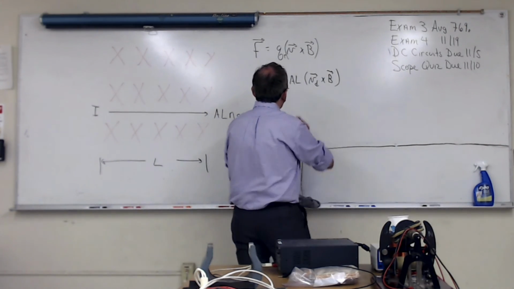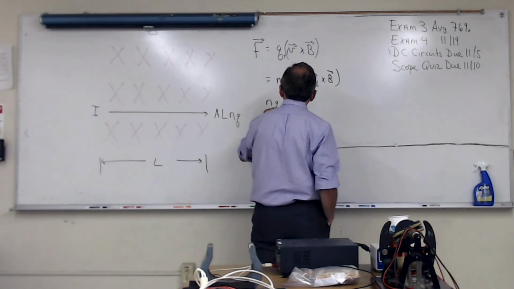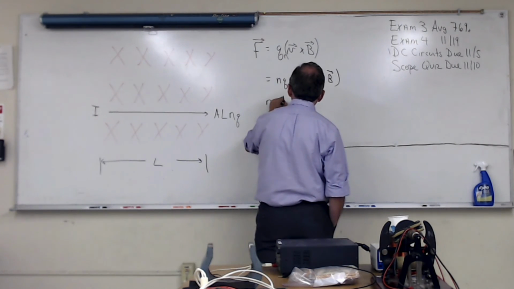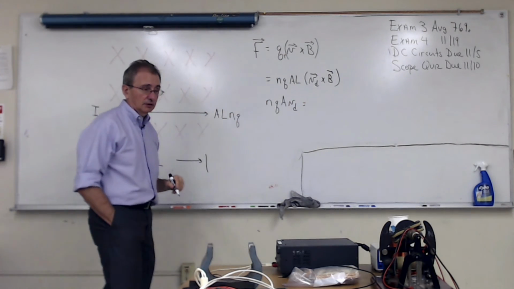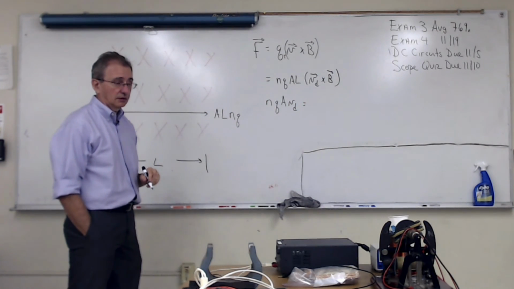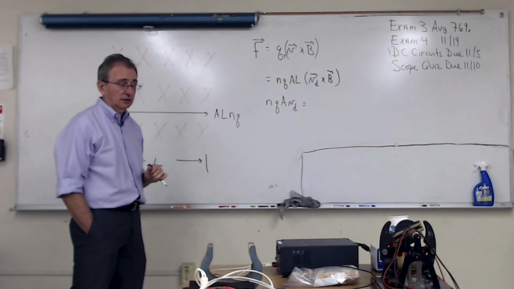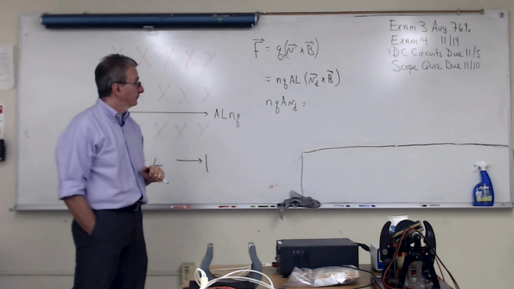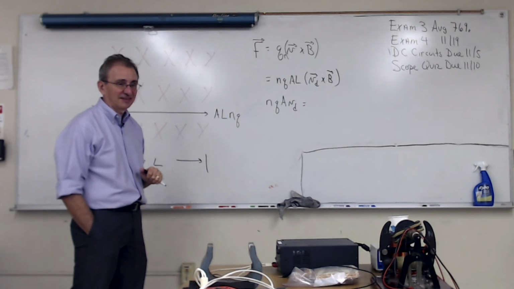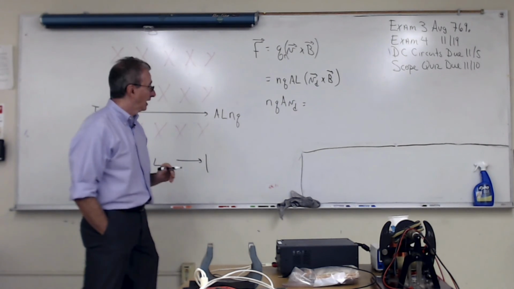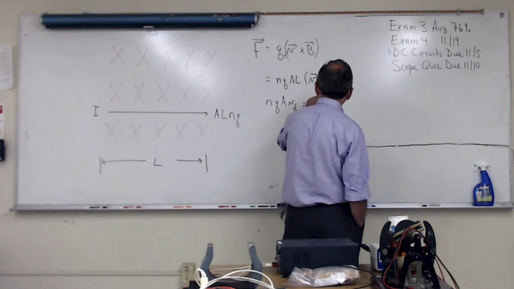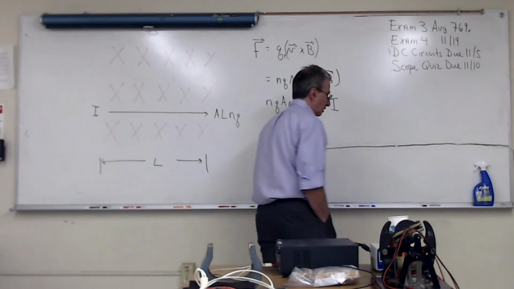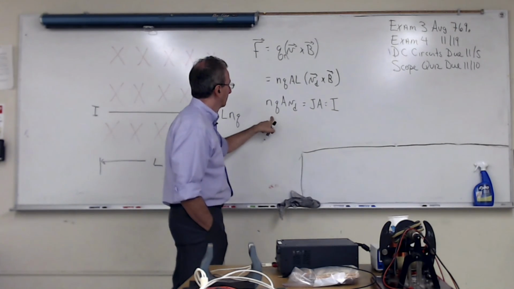What does the product of N, Q, A, and V sub D give you? Do you remember? Well, NQ times V sub D was the current density. This is the current density times the area. This is the current. So this is the current in the wire.